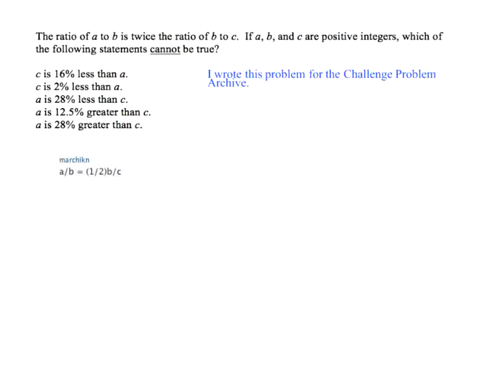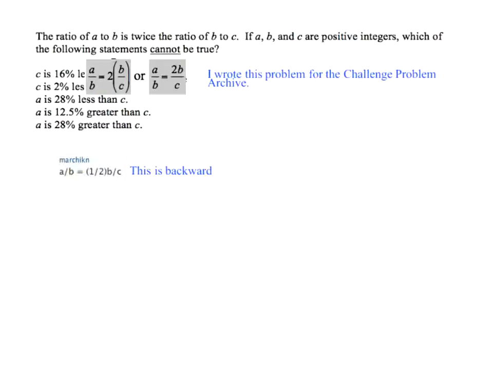The problem says that the ratio of A to B is actually 2 times the ratio of B to C, not half of it. If you have that reversed, that's not an auspicious beginning.